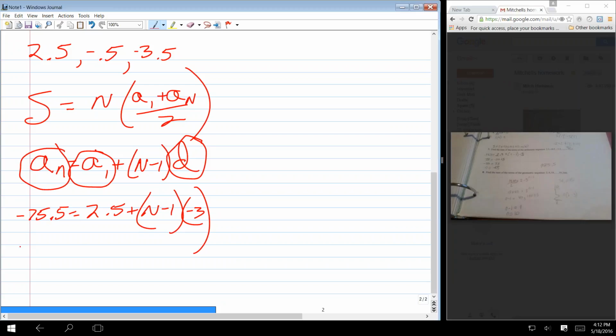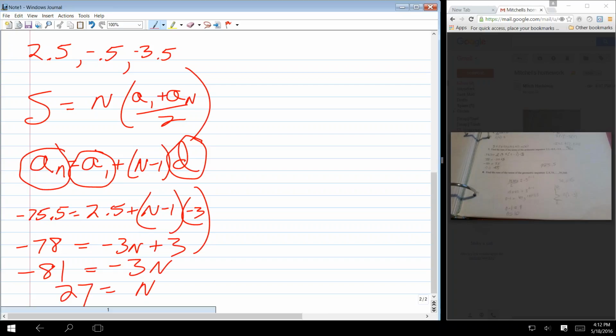Okay, that's a good starter. Minus 78 equals, now what? Negative 3n plus 3. Let's move that 3 over to the other side. What's n equal to? 27. All right. Yeah. So now that we know what n is, we know everything in that formula. We know n, we know a sub 1, we know a sub n.